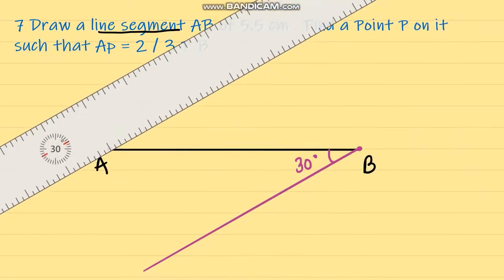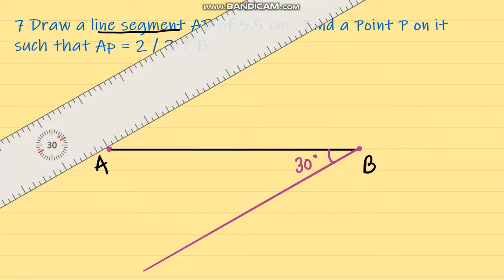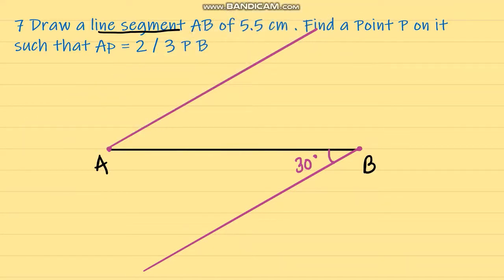Now at A you will draw an angle again of 30 degree to the upper side. Now see what you are going to get. You are getting two rays, one is AX and the other is BY, and these two rays are parallel to one another because you have made alternate angles equal.